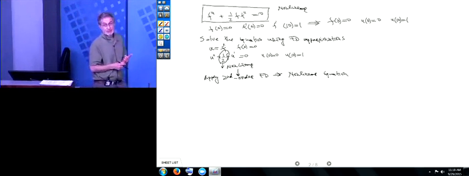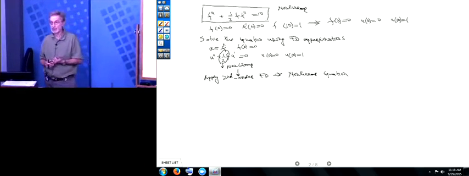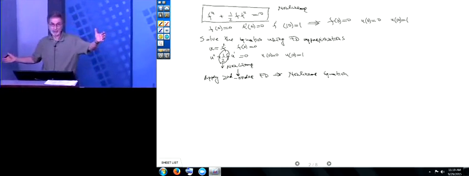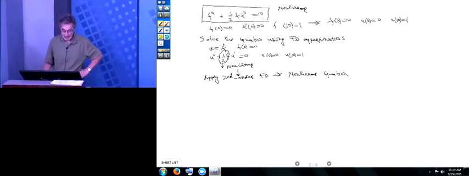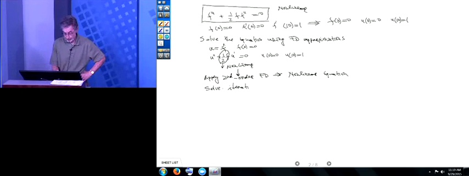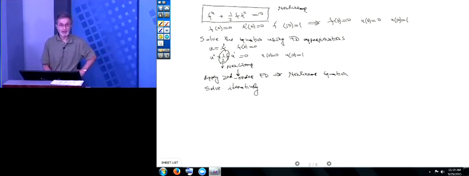Then you either have to use a block tridiagonal solver, or the length of your solver will be quite substantial. Or you can solve this iteratively. And this is a very efficient way of doing the problem.